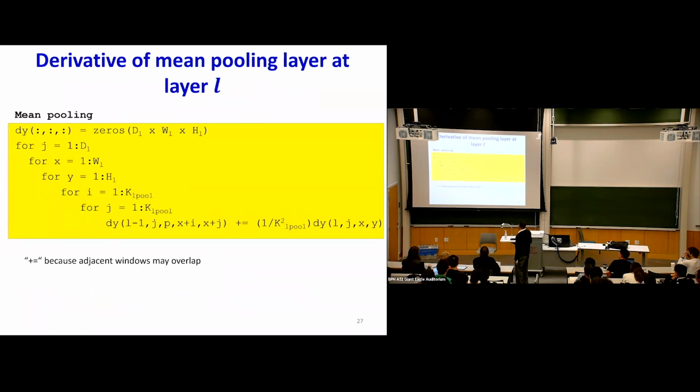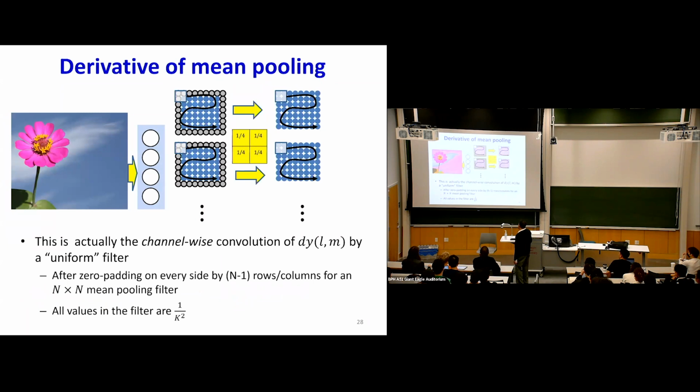Now, again, one special thing about mean pooling. Mean pooling is just a regular convolution, except that it's channel-wise convolution. In your standard convolution, in order to compute the output at any location, you were convolving all of the input channels and adding them up, right?